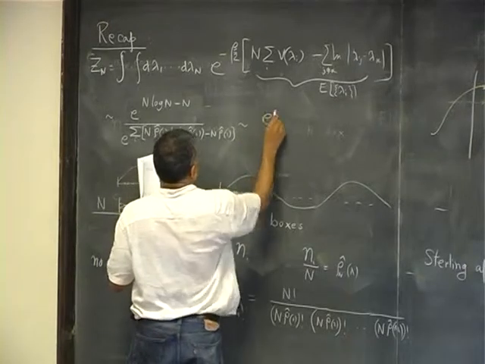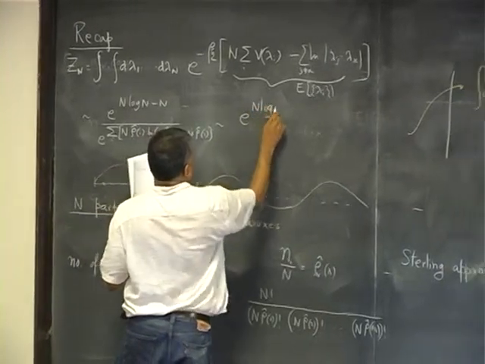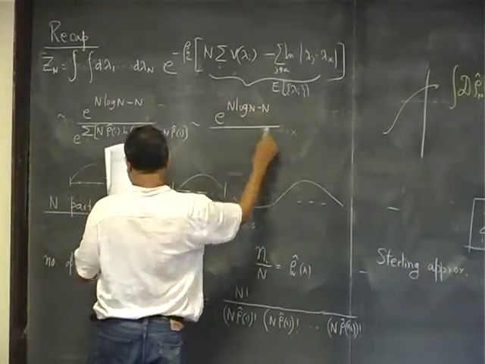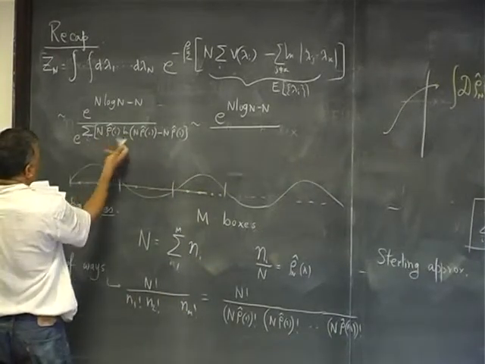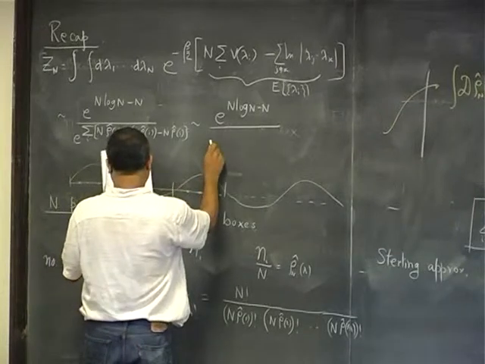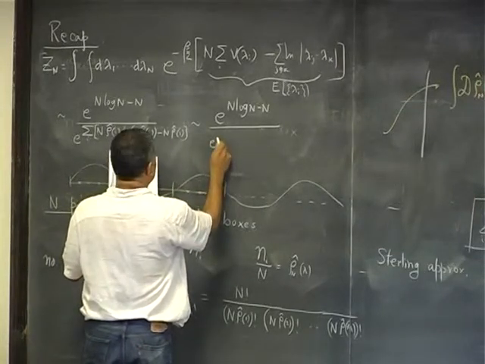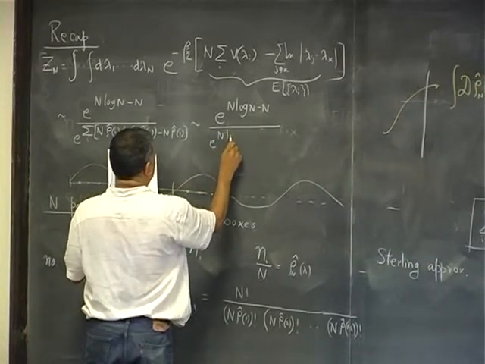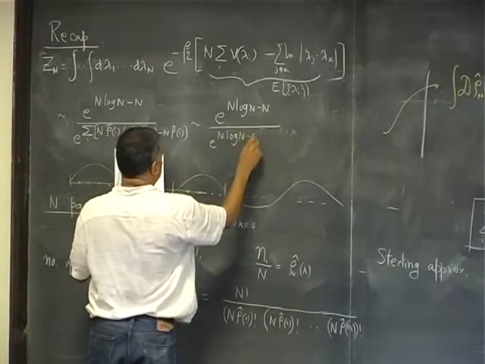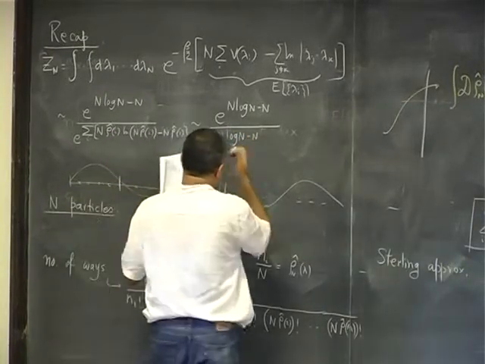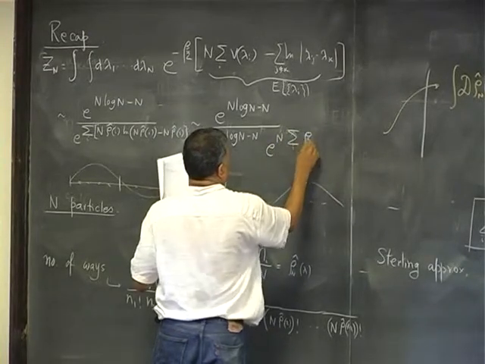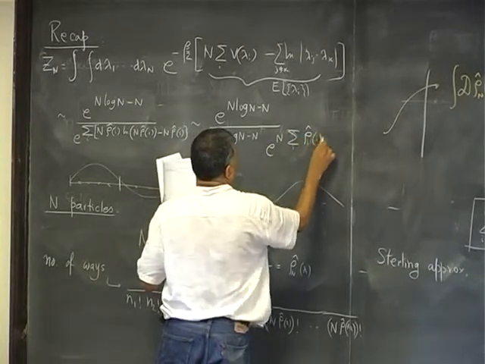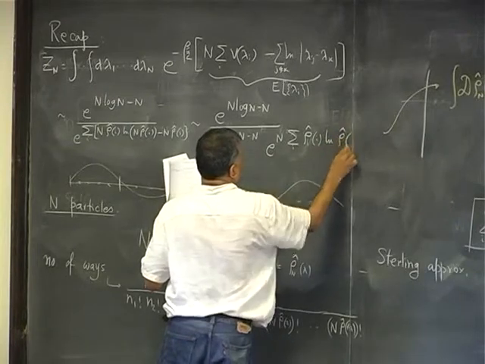So therefore this is exponential n log n minus n, and in the denominator I can take out this n log n factor. You can check this. This will be e to the power n log n minus n times e to the power n summation i rho i hat log rho i hat.